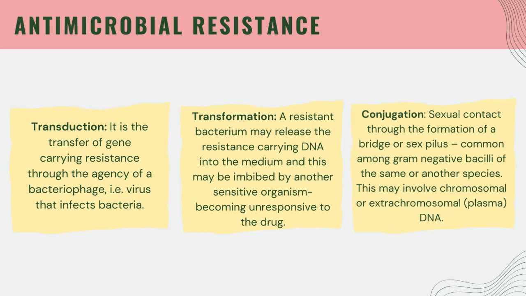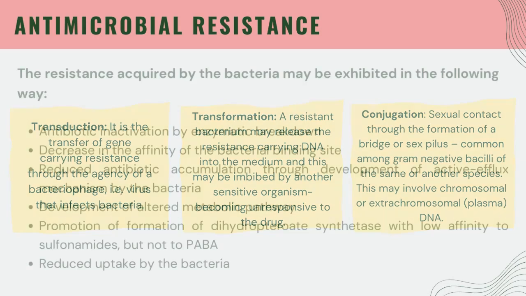Conjugation. Sexual contact through the formation of a bridge or sex pilus. These are common among gram-negative bacilli of the same or another species. This may involve chromosomal or extrachromosomal plasmid DNA.